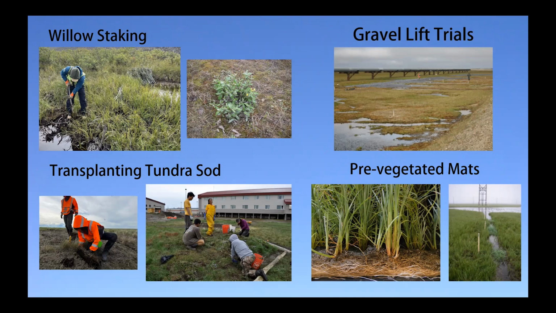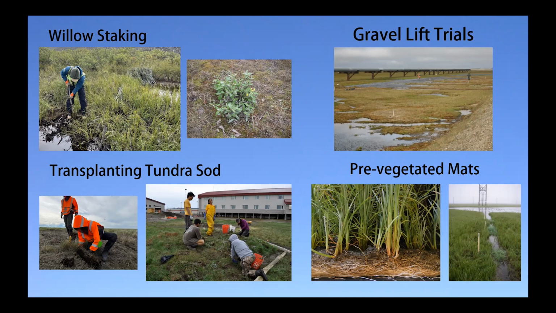Transplanting tundra sod, I'd say is probably the most successful thing. You get immediate vegetation, you get immediate thermal regulation and coverage by this thick tundra sod. And it can also do a lot to help with water management. It is super labor intensive.